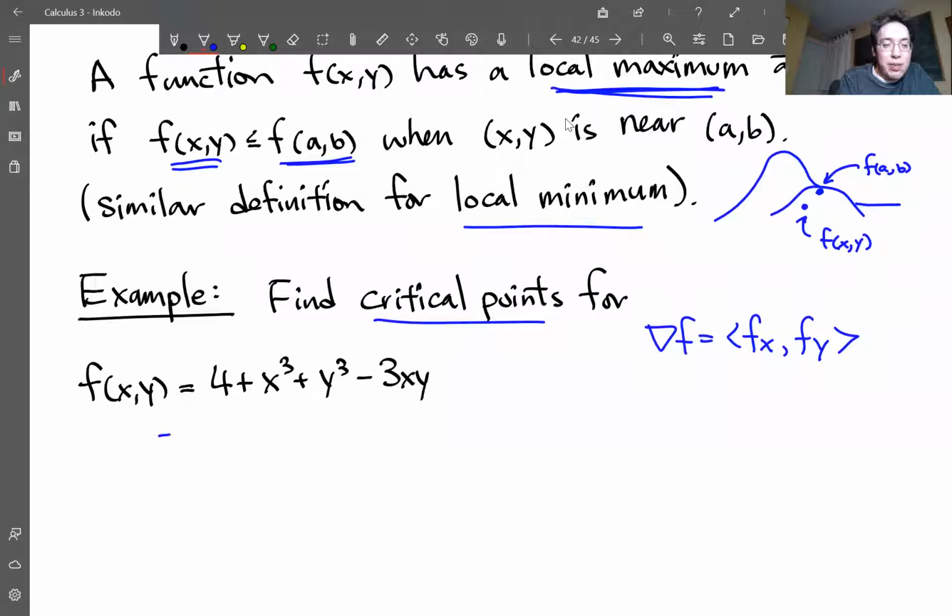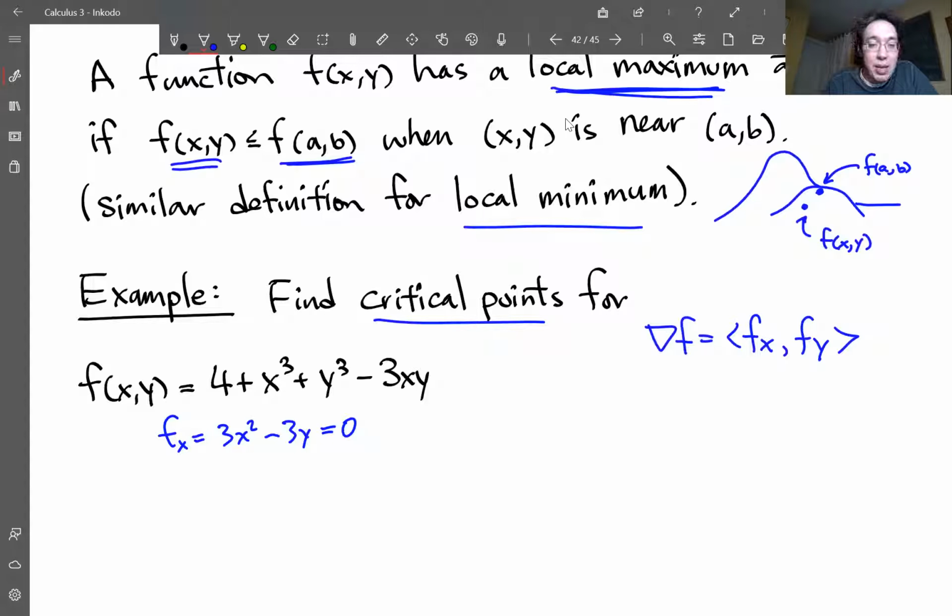So let's first compute the derivative with respect to x. That's 3x squared, and the derivative of y cubed is 0 because I'm taking the derivative with respect to x, minus 3y. I want this derivative to be equal to 0, so I set it equal to 0 and solve for x and y.